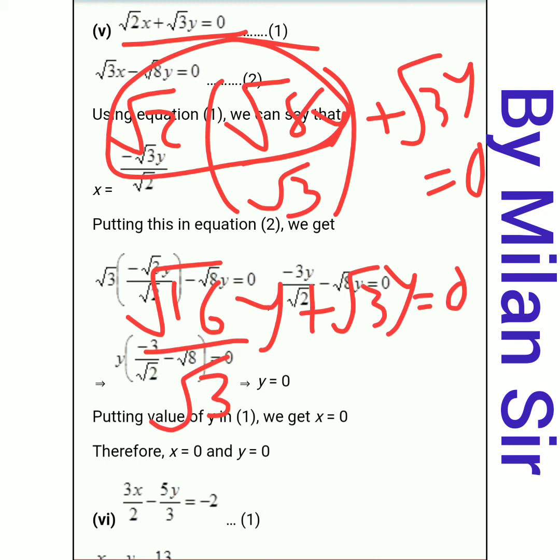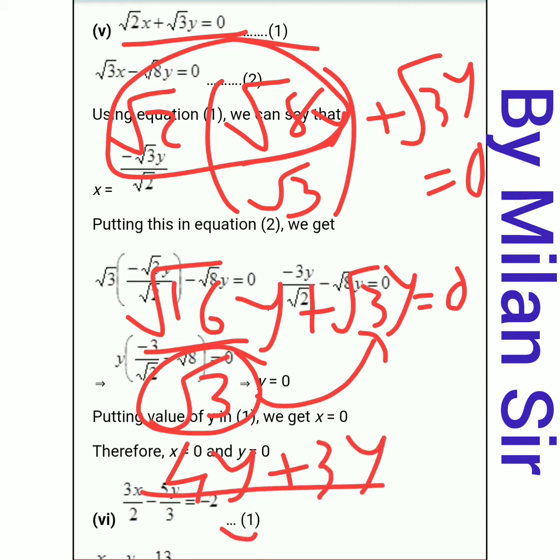We can multiply √8 by √2, so it's √16. Now √16, it's 4, right? Square root of 16 is 4, so we can write here 4y. Second thing, we also take LCM here, so this √3 is multiplied with this, so √3 into √3, only 3, y divided by √3 is equal to 0. Now we can transfer √3 to the right hand side, and it is multiplied with 0.